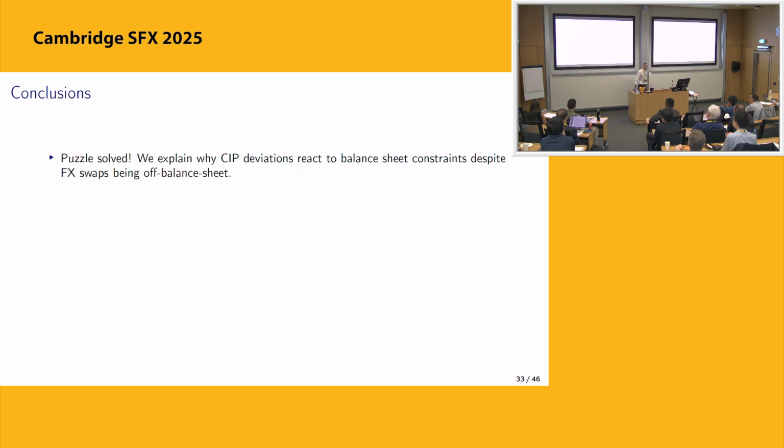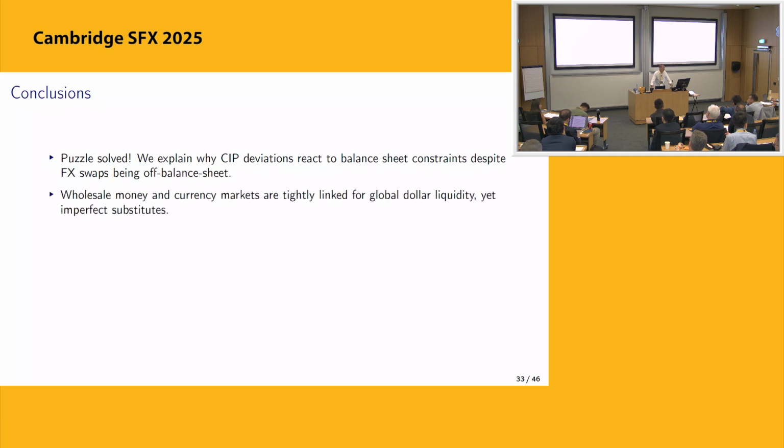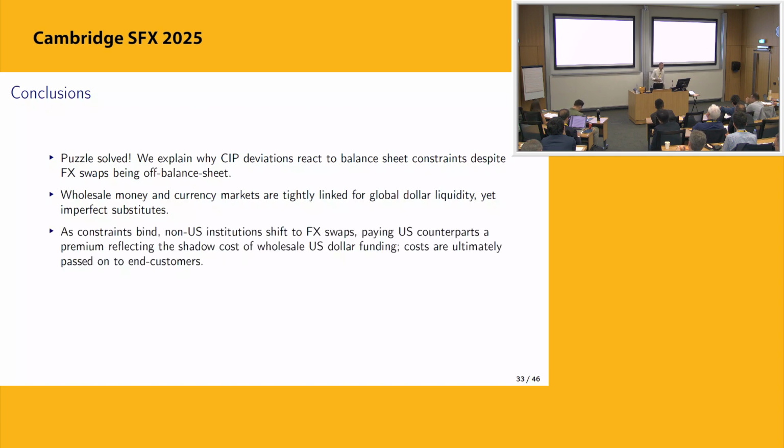Okay, let me conclude. So first, we solved the puzzle, right? Because now we can explain why CIP deviate and react to balance sheet constraint despite the fact the FX swaps are off-balance sheet instruments. Second, wholesale money market and synthetic dollar market are tightly connected, yet imperfect substitutes.